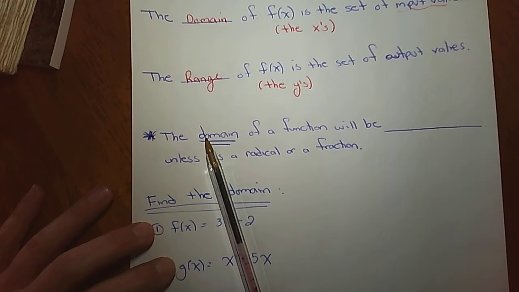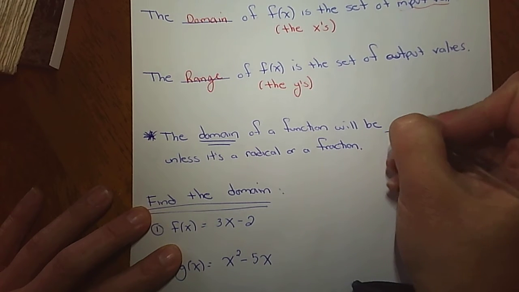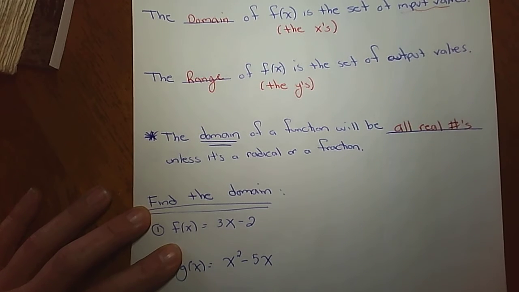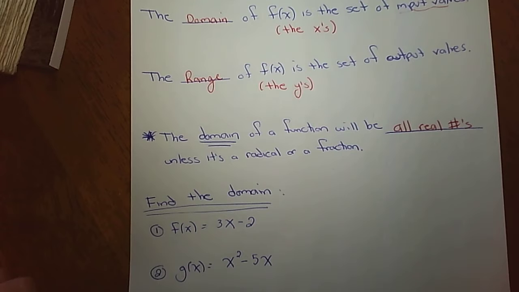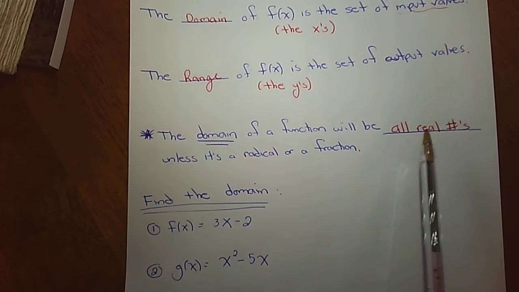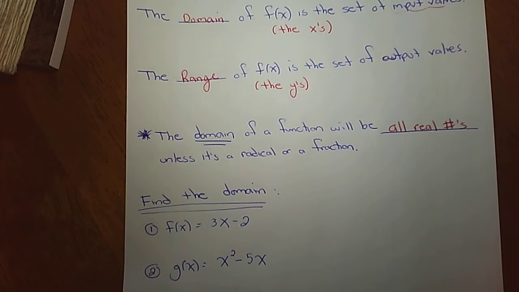All right, now, the whole topic boils down to this sentence. The domain of a function will always be all real numbers, unless it's a radical or a fraction. So if I go, what's the domain of this? Look at it. If it's not a radical and if it's not a fraction, then the domain is going to be all real numbers, meaning we can plug in any number we want.